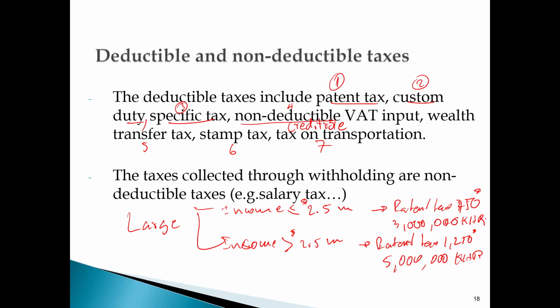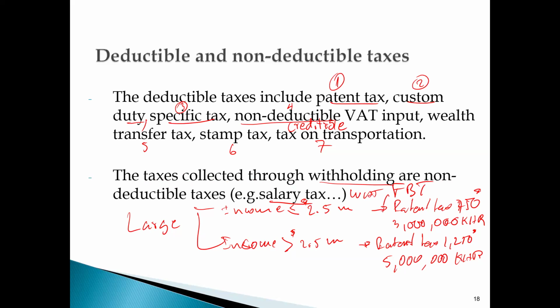All of these taxes you can claim as deductions. Remember it. Then there are taxes you pay through what we call the withholding process, such as salary tax, already mentioned, withholding tax, and fringe benefit tax. Under the current law, fringe benefit tax is also collected through withholding.